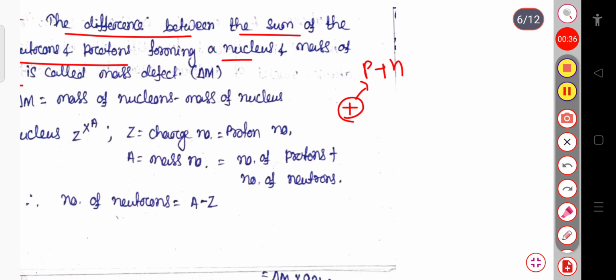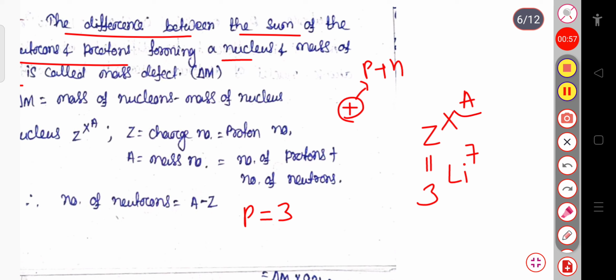So if I represent an atom, that is ZXA, for example if I consider the lithium atom, that is 3Li7, suppose let me take. In this case you can see the value of Z is nothing but the proton number, that is the number of protons present in the lithium atom is 3. And what is the neutron number here?